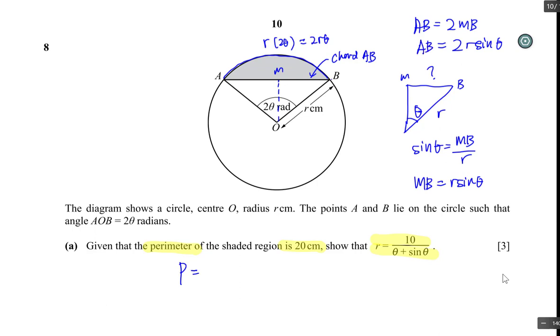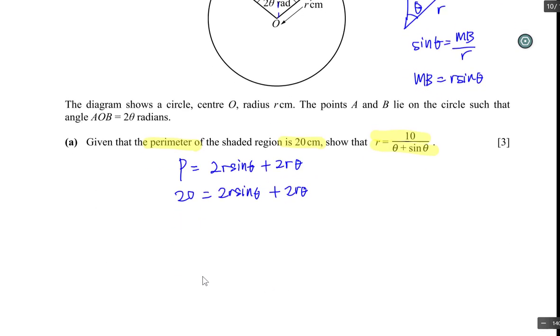So my perimeter will be 2r sine theta plus 2r theta. And my perimeter is 20, so 20 equals 2r sine theta plus 2r theta. You see the pattern, you can divide by 2, so 10 equals r sine theta plus r theta.